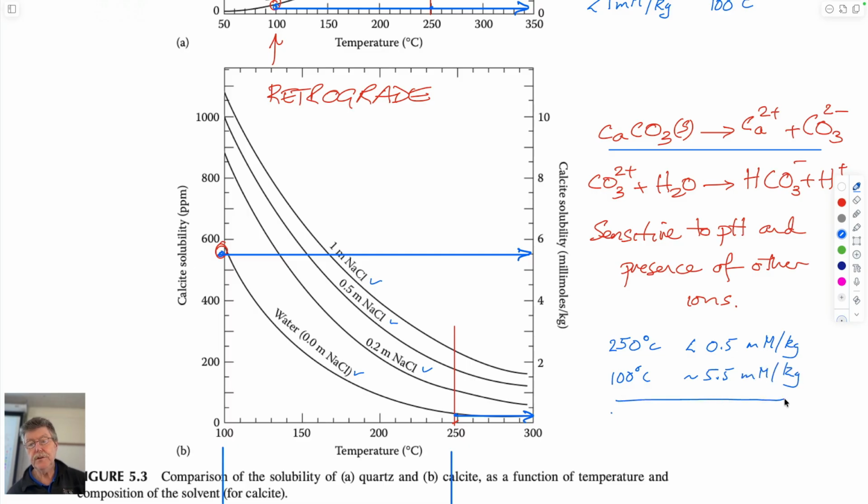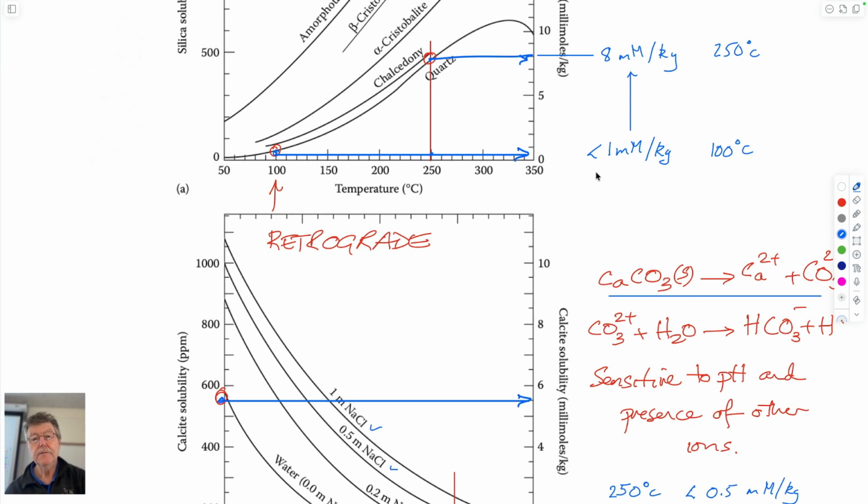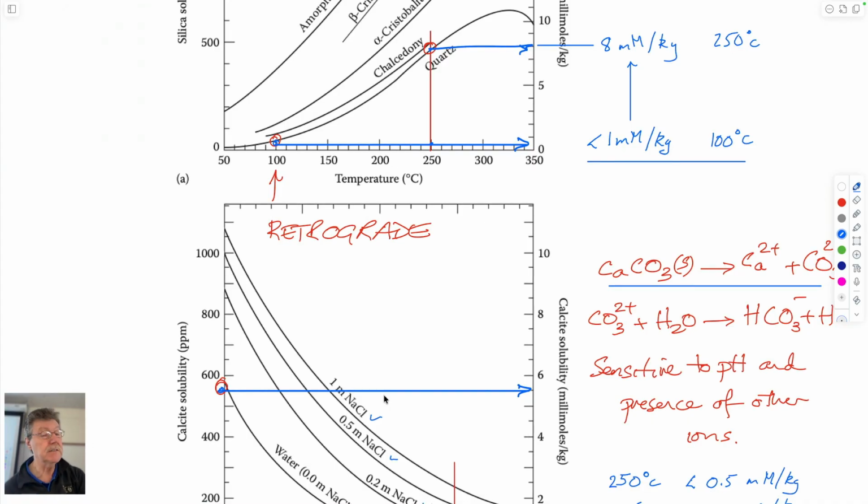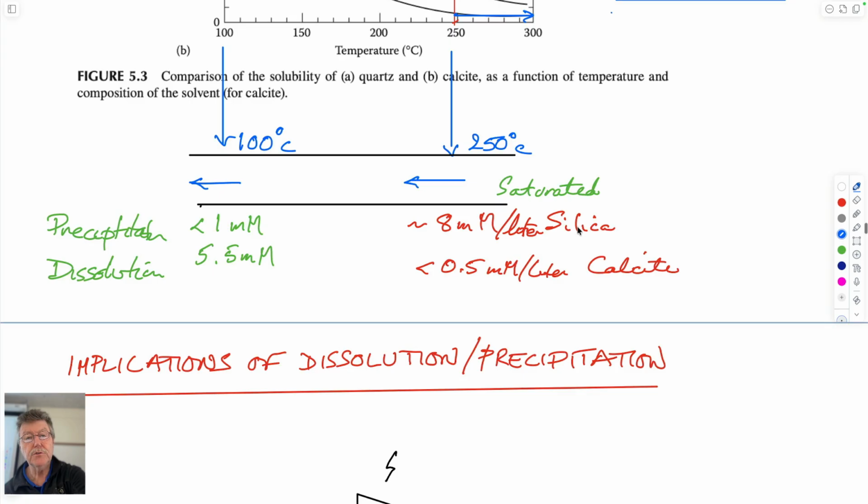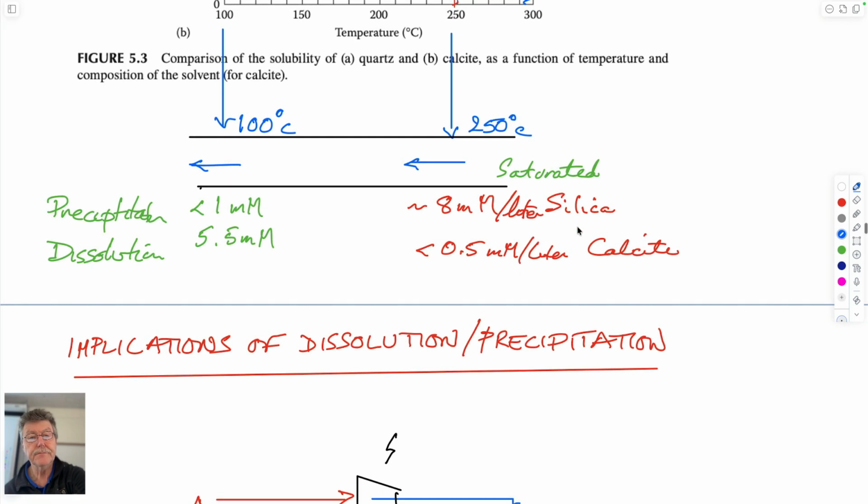So what we could do is use those as type behaviors for two interesting compounds, quartz and calcium carbonate, that might be present in reservoirs, and to see what that would say about what happens as we transfer them across the system.